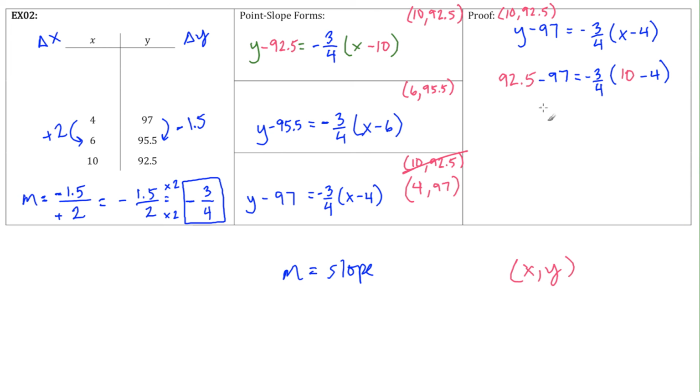Okay, so 92.5 minus 97. Well, it takes 2.5 to get to 95, and then 2 more, so that's 4.5, but negative. Equals negative 3 over 4 times 6. So we get negative 4.5 equals, so a negative times a positive is a negative, so that's good. 3 times 6 is 18.